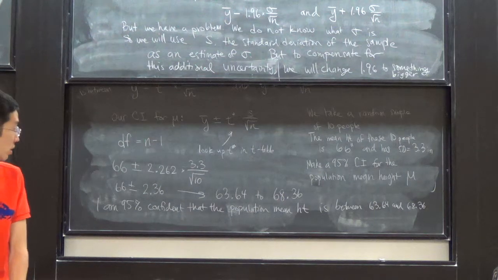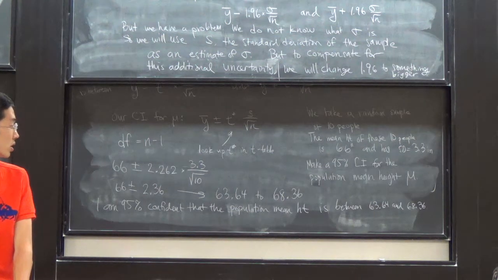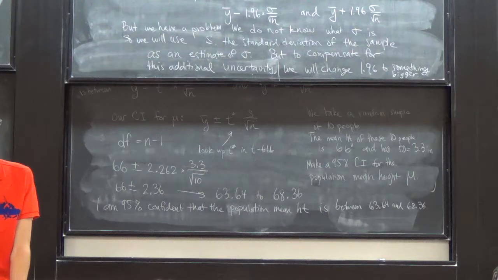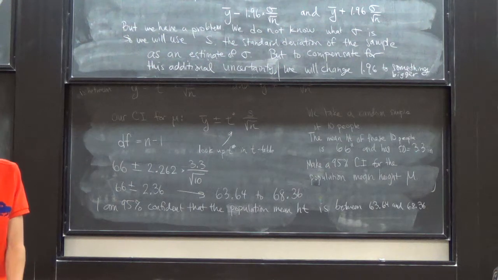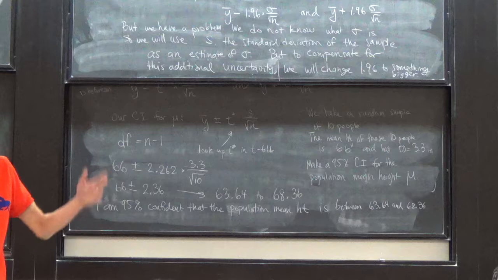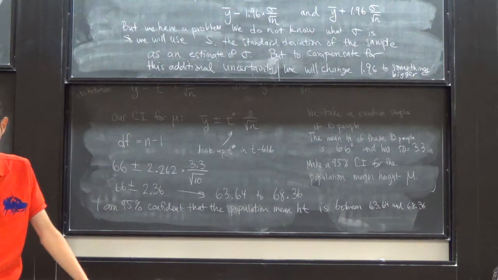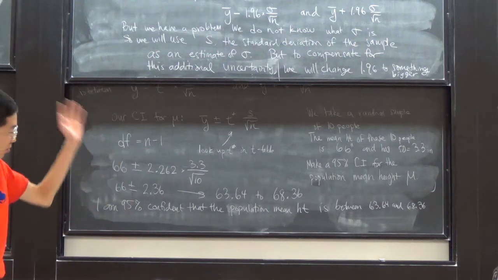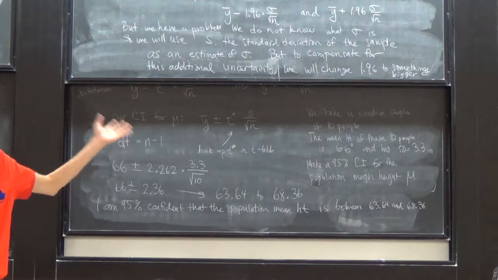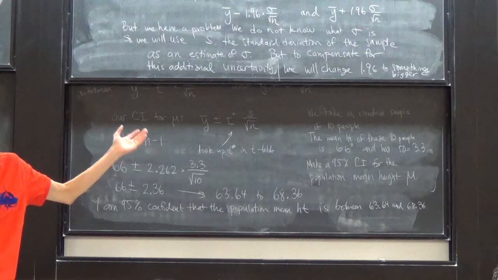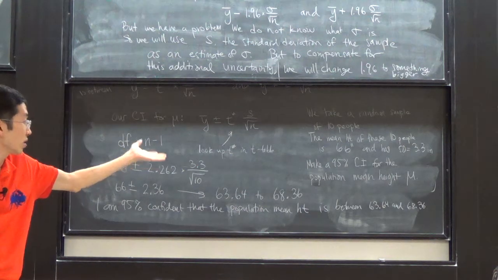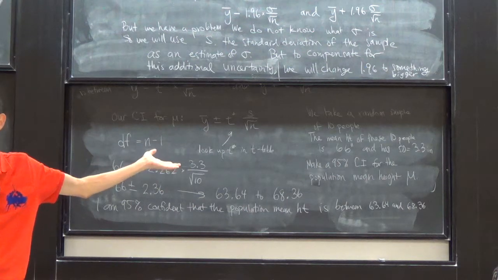Yeah, so it's possible that the true mean is actually 69, but if the true mean was 69, what happened was that because I took a random sample, the gods of randomness played a trick on me and gave me a sample of 10 people that basically led me astray, okay?